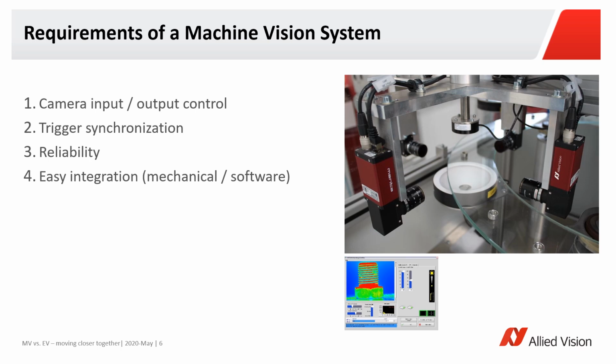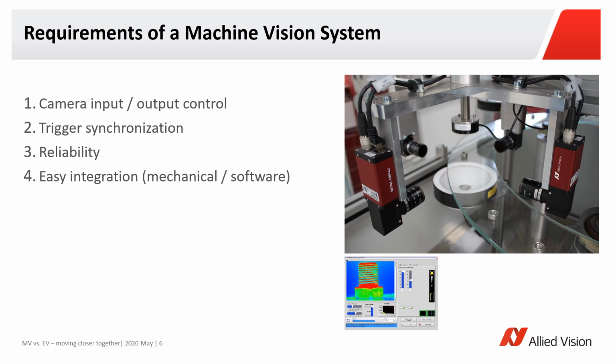As a fourth point, when building a production line, it's very important for the builder that the cameras are easily integrated. That goes for the mechanical side. So there are usually various screw holes, so the cameras can be mounted in various directions, whatever is needed inside the production line.